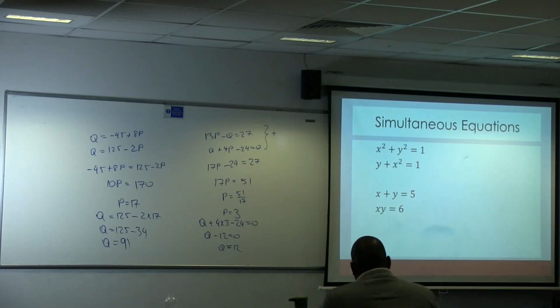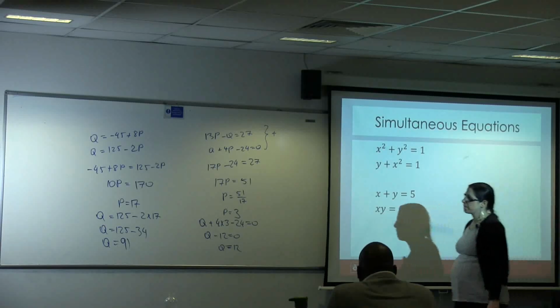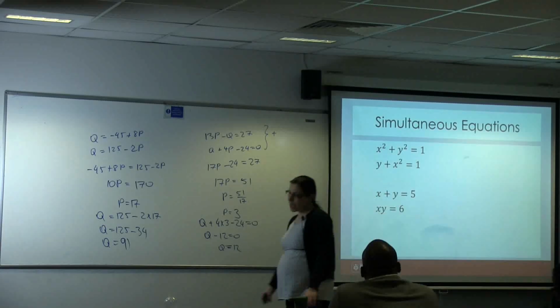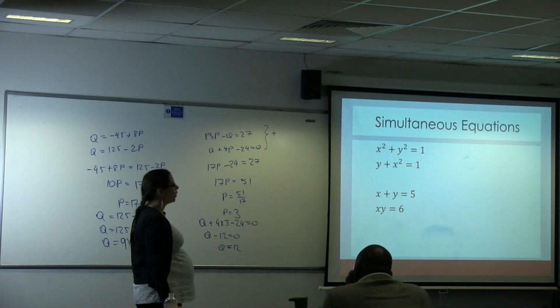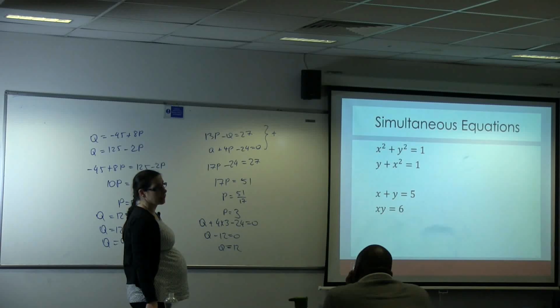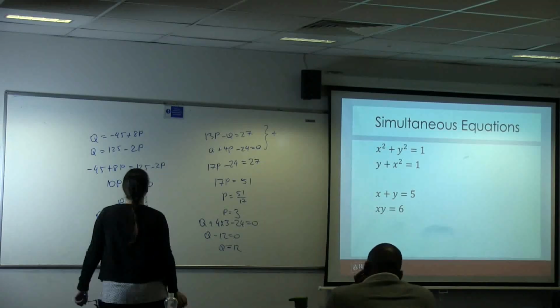Now, what happens if I have got quadratics in my equations? In most cases, elimination will not work with quadratics. As soon as I have got linear terms or multiples of x and y's, I probably can't eliminate at all.